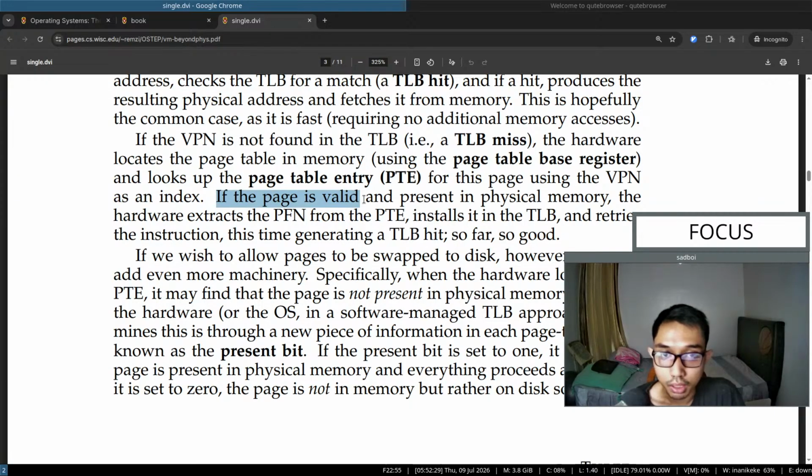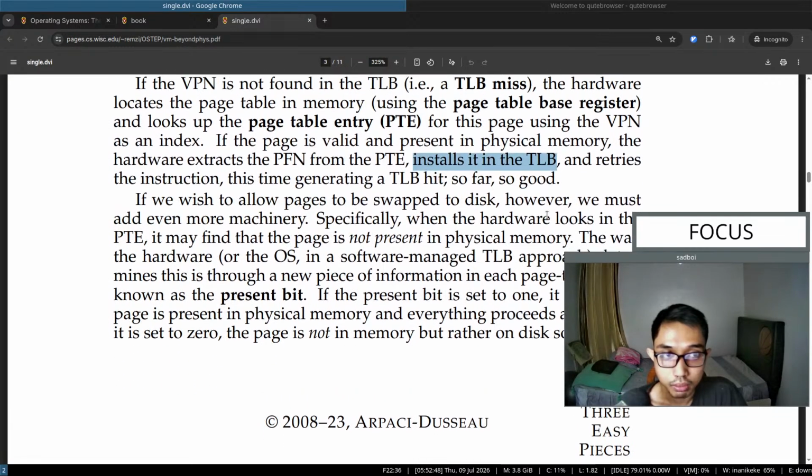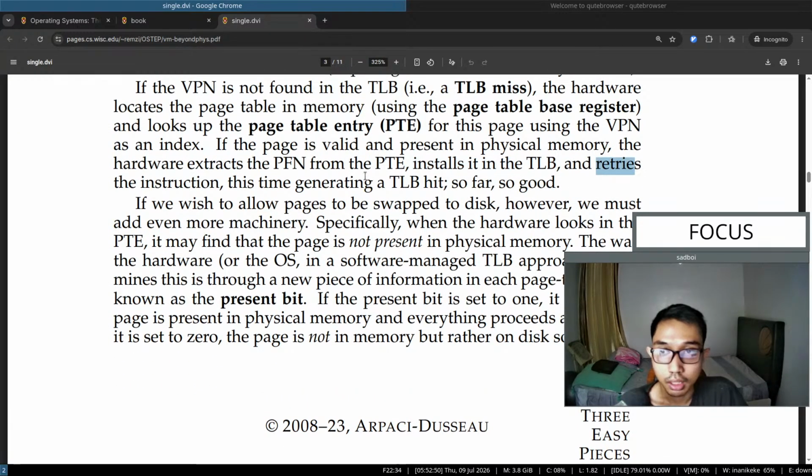If the page is valid and present in physical memory, the hardware extracts the page frame number from the page table entry, installs it in the TLB, and retries the instruction, this time generating a TLB hit. So far so good.